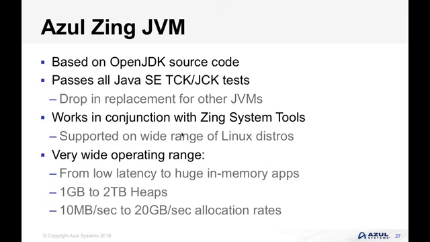We will scale all the way from 1 gigabyte of heap space up to 2 terabytes of heap space. So you can have some very big heaps, but without significant garbage collection pauses. In terms of allocation rates, we can keep up with what you need from 10 megabytes a second all the way up to 20 gigabytes a second. So if you've got an application that needs a lot of objects created very quickly, we can keep up with that as well.